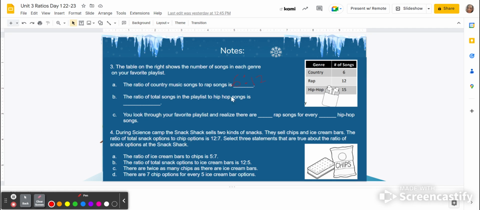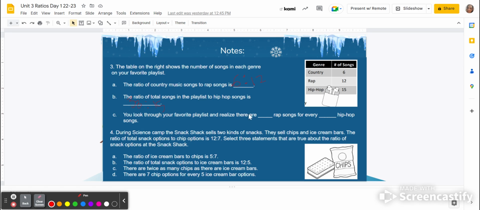The ratio of total songs in the playlist to hip hop songs, so I need to add everything up. I have 15 plus 12 plus 6, and that gives me 33 total songs to 15 hip hop songs.